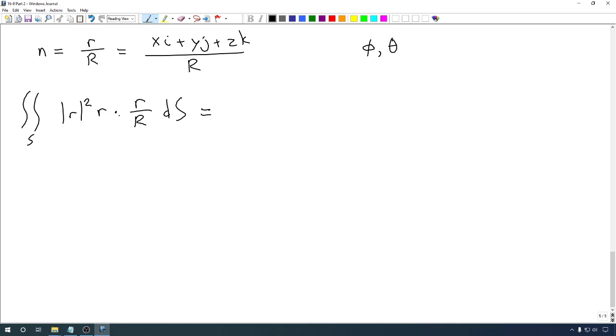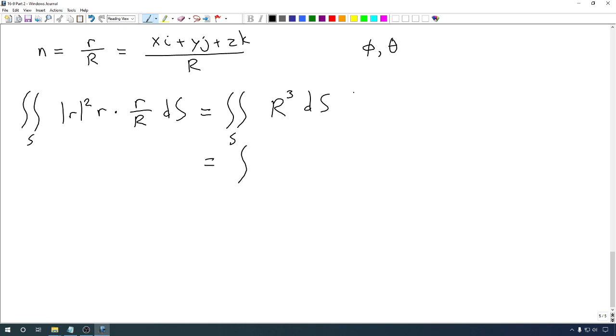R dot R is actually the magnitude of R squared again. So we end up getting capital R squared, and another capital R squared, but dividing by an R, we end up getting R cubed over the surface. And that is a scalar surface integral.